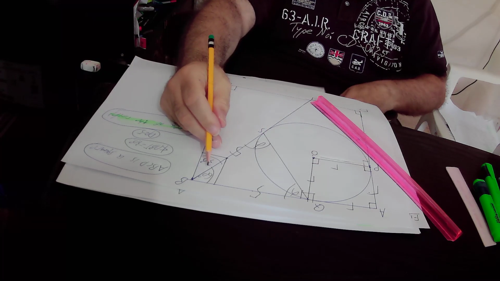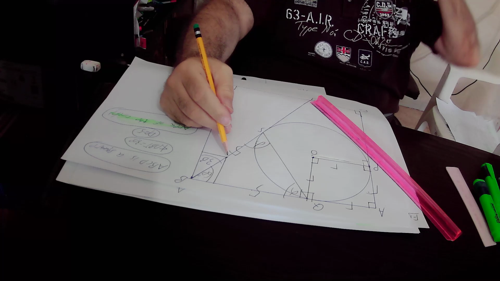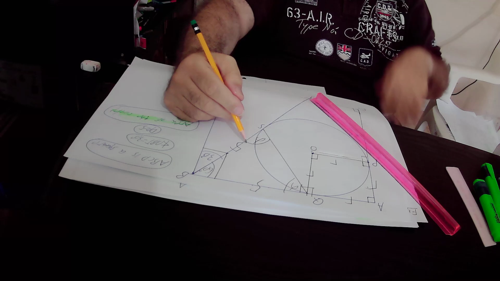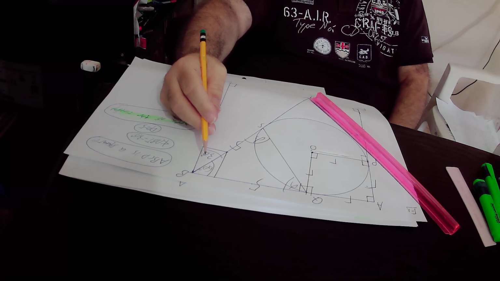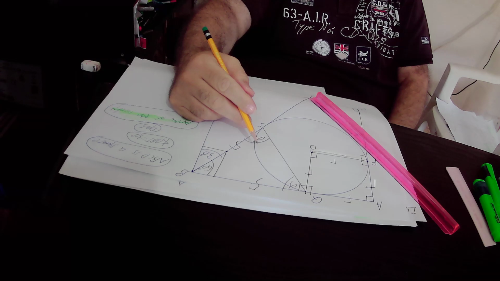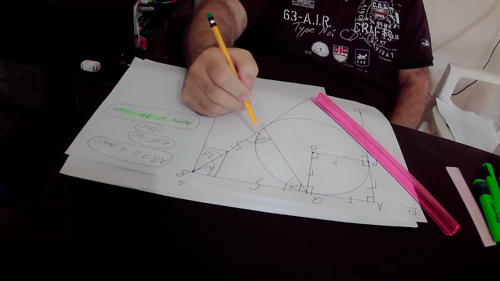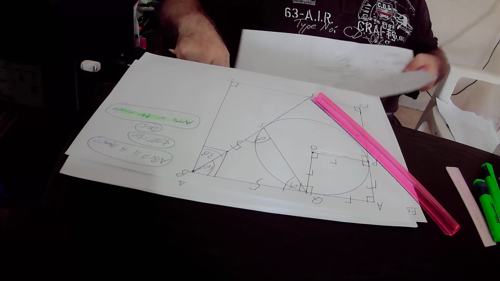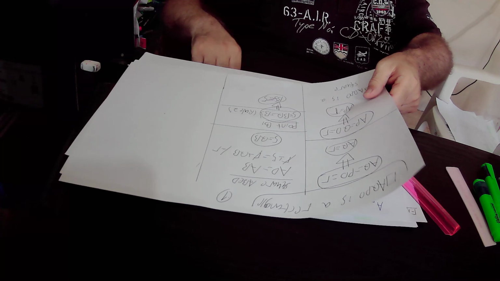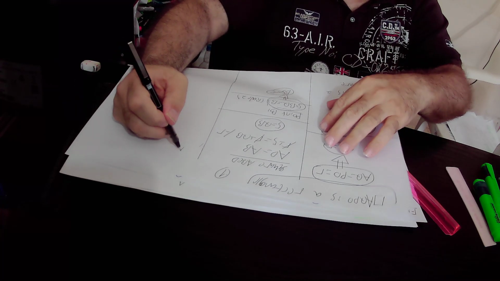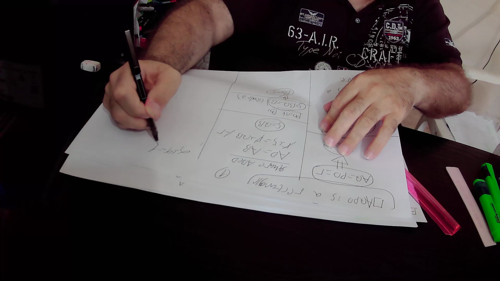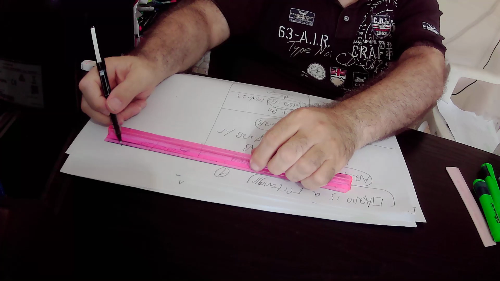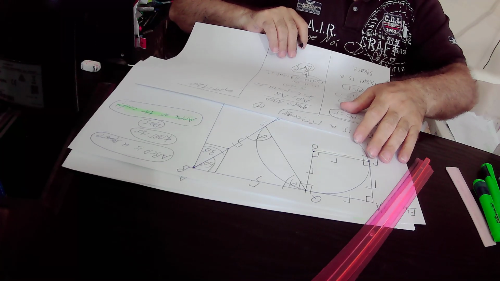This angle equals 60 degrees. Therefore, the sum of the other two angles must be equal to 180 degrees minus 60 degrees, that is 120 degrees. That is to say, alpha plus alpha equals 120 degrees. I will write it down. So we found out that alpha plus alpha equals 120 degrees in triangle QBS.